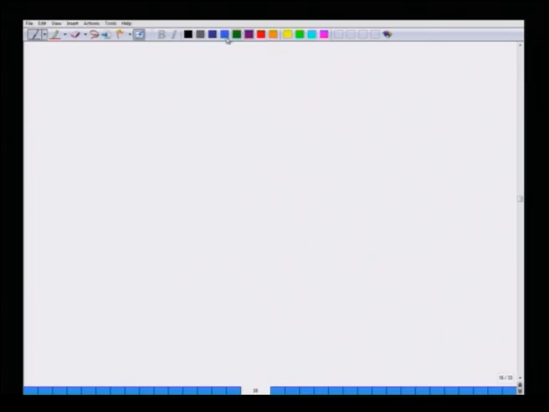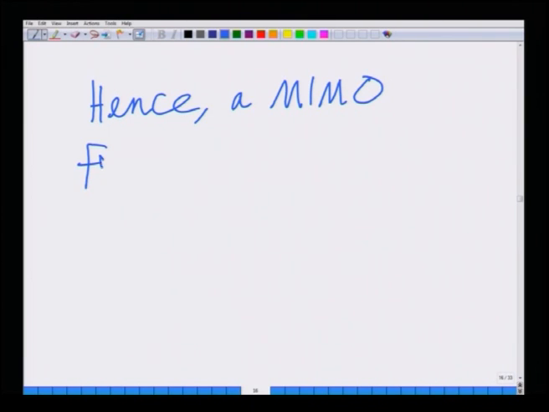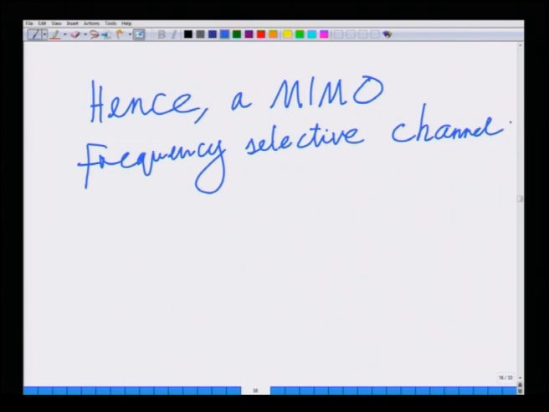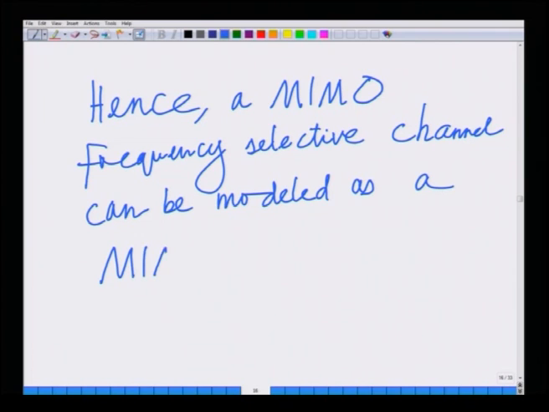Hence, the first result that we want to present is that a MIMO frequency selective channel can essentially be modeled as a MIMO FIR filter. What does this mean?